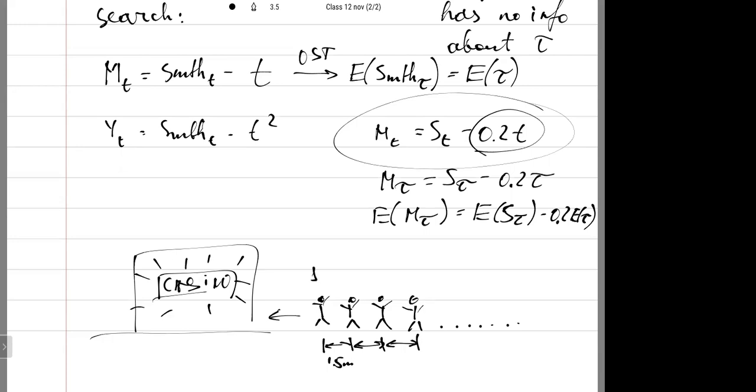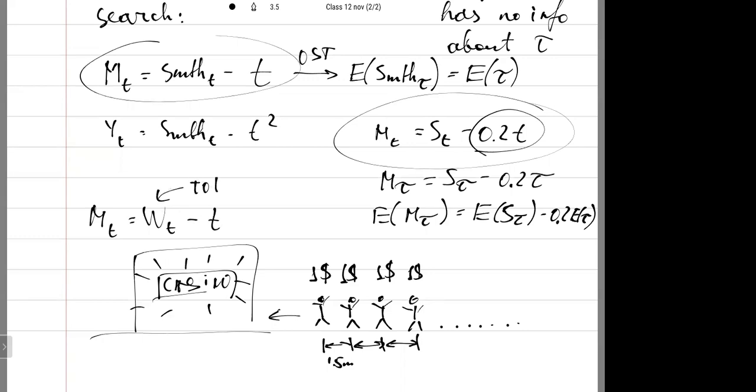Because each brings inside my system $1, the total welfare of all players is not a martingale anymore, because every moment of time $1 is added inside my system. So I will say that my martingale is, let's say, the total welfare. Well, let's use W. We will use it later for Brownian motion, but for the moment it's okay. So it will be the total welfare of all players inside the casino.